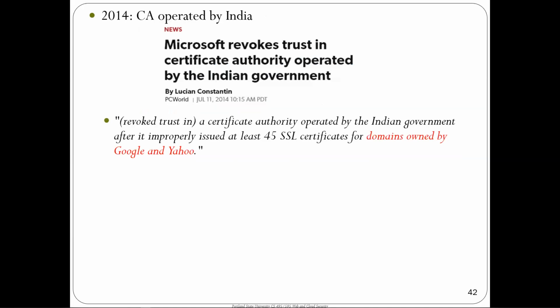This was another one. This is a CA operated by the Indian government. And again, basically improperly issued SSL certificates for these domains. I think they were saying this was just for testing purposes. But I think that upset Google and Yahoo for sure. Even if you are just generating those certs and not using them, that made them mad.